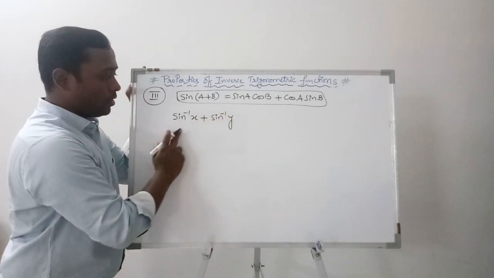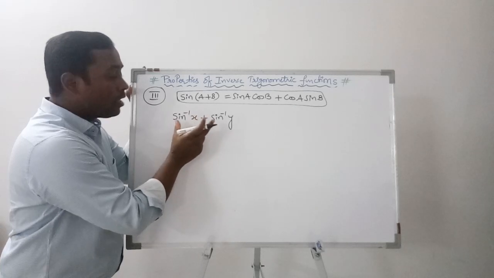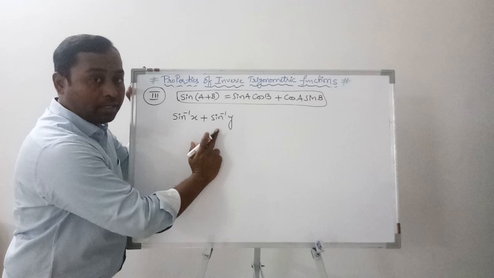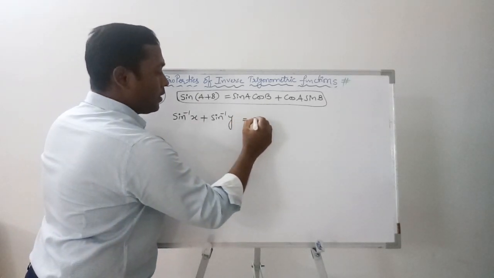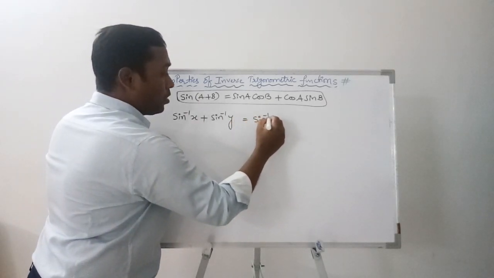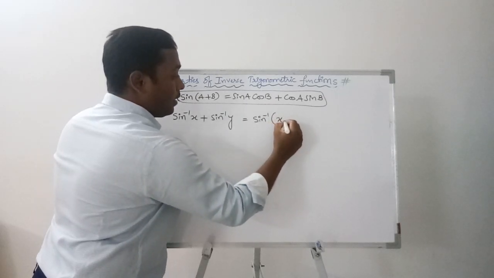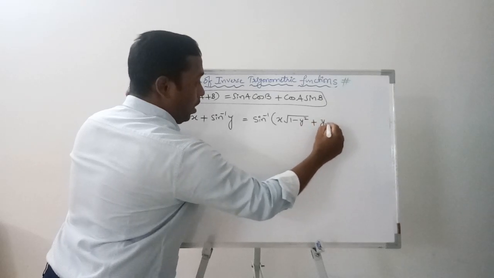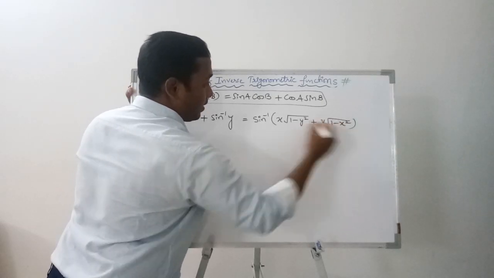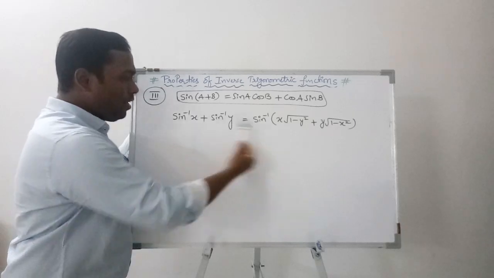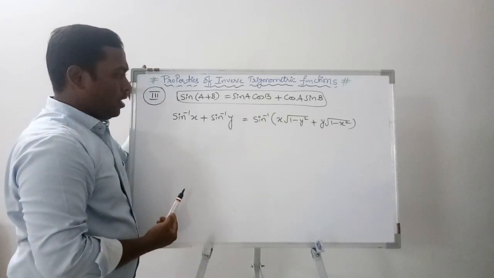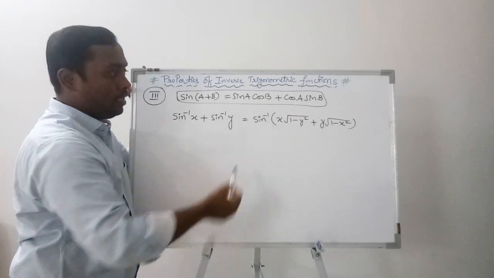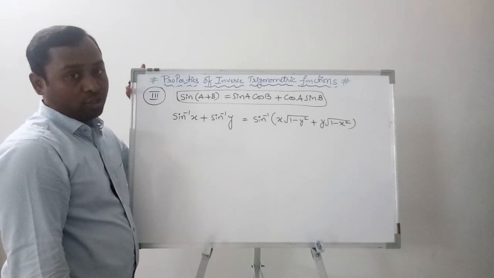I repeat, sum of the two inverse trigonometric functions of same kind can be written as sine inverse of x into under root 1 minus y square plus y into under root of 1 minus x square. It seems like a difficult expression, but I'm sure while applying this identity you will feel the easiness in the simplification part.